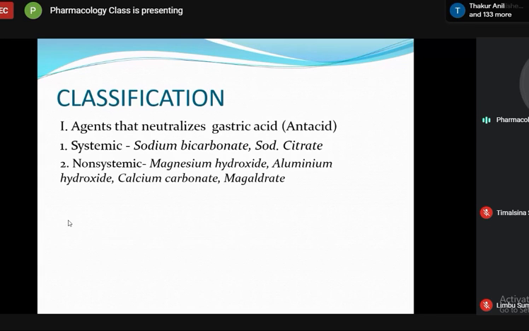Next, gastric emptying is also least affected, because magnesium hastens gastric emptying, whereas aluminium delays it. Lastly, the dose of the individual drugs can also be decreased.